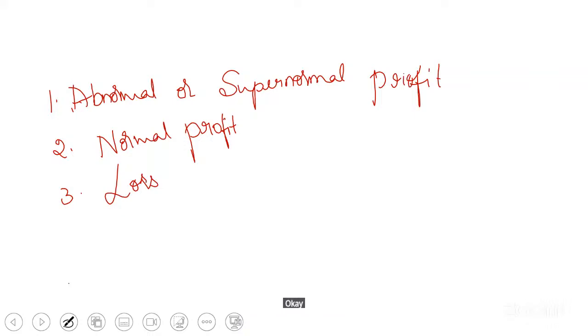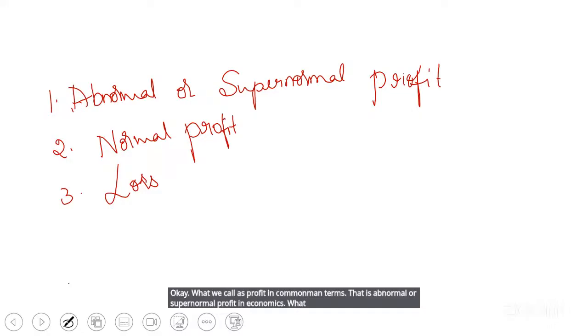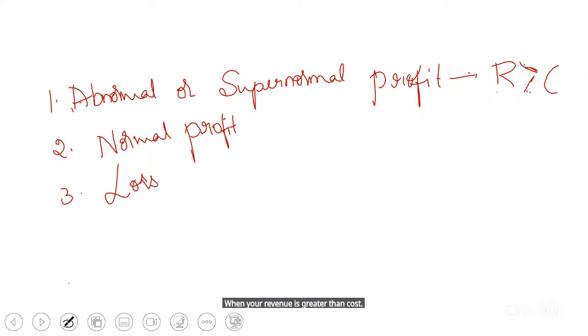What we call profit in common man terms is abnormal or supernormal profit in economics. What do you mean by that? When your revenue is greater than cost. You have spent 50 rupees in producing a product, but you have earned 100 rupees. Then what is the profit? 50. That is abnormal or supernormal profit.